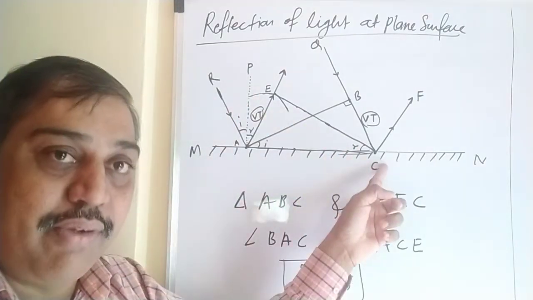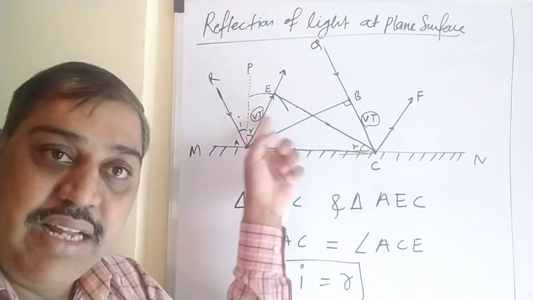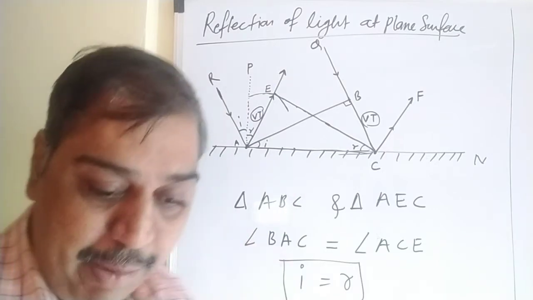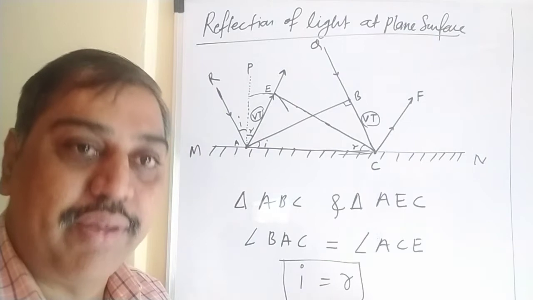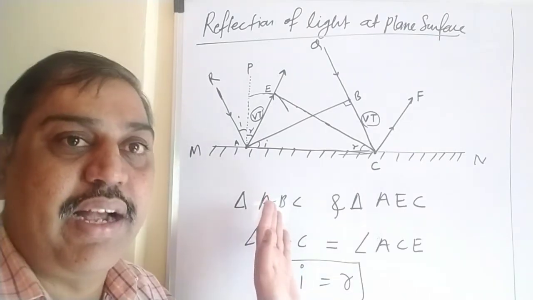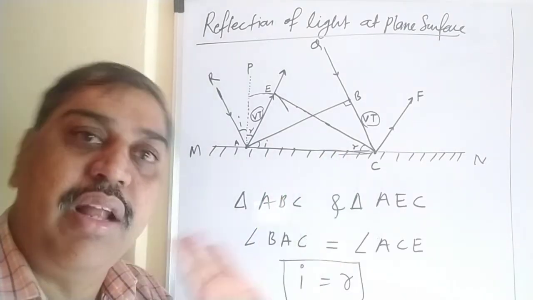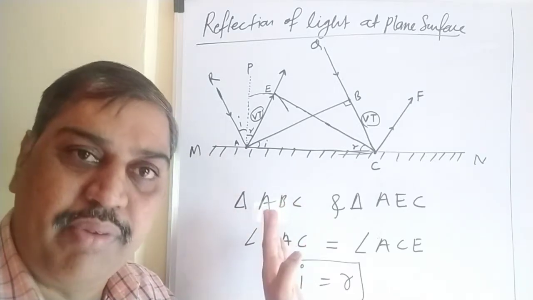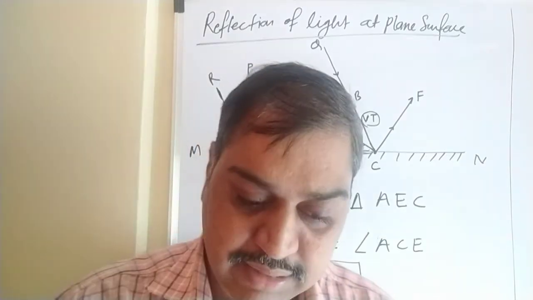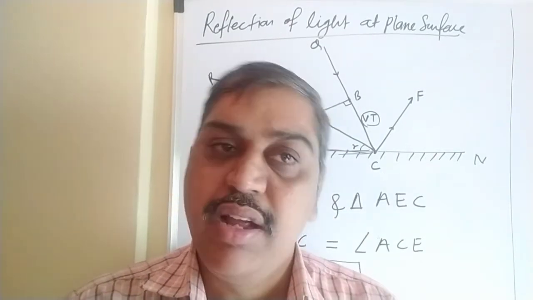EC is a reflected wavefront, AB is an incident wavefront. So we finally conclude that the angle of incidence is equal to the angle of reflection, and the incident light ray, reflected light ray and normal lie in a single plane. It means it will obey the laws of reflection. So this is a simple concept we have explained by reflection.